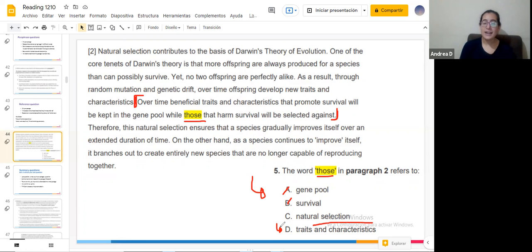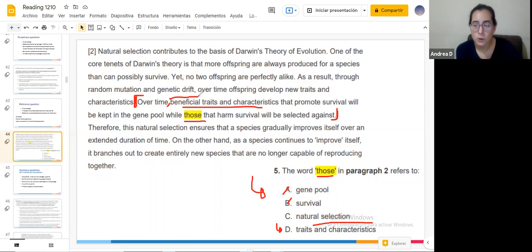I honestly hadn't thought of the plural thing, but now that you guys have brought it up, it makes a lot of sense. But everything you need to know is just think of what this is about. You know what the subject of this sentence is. Of course, you may have different things like over time. It's a complement, it's not really there. Beneficial is just an adjective. But the main thing that we're talking about here is traits and characteristics. And we have beneficial traits and characteristics.